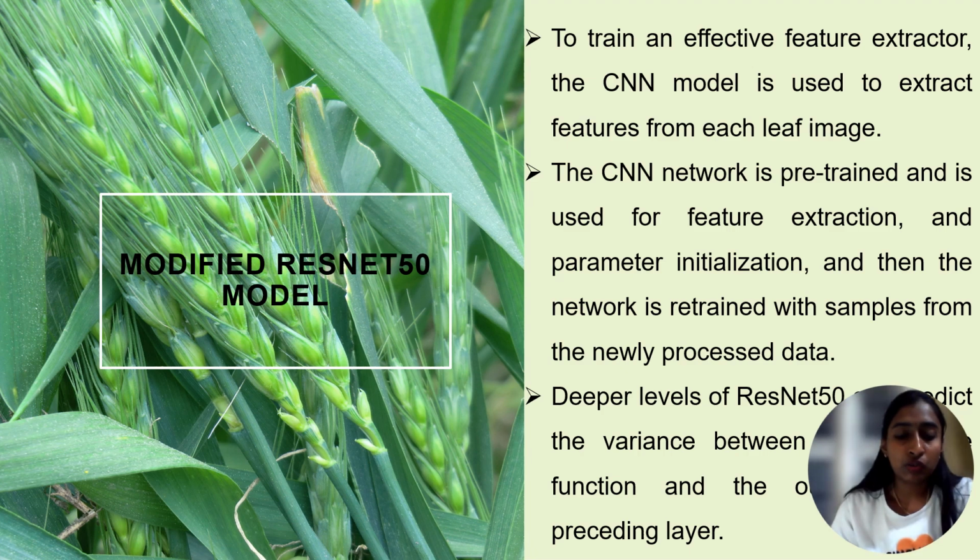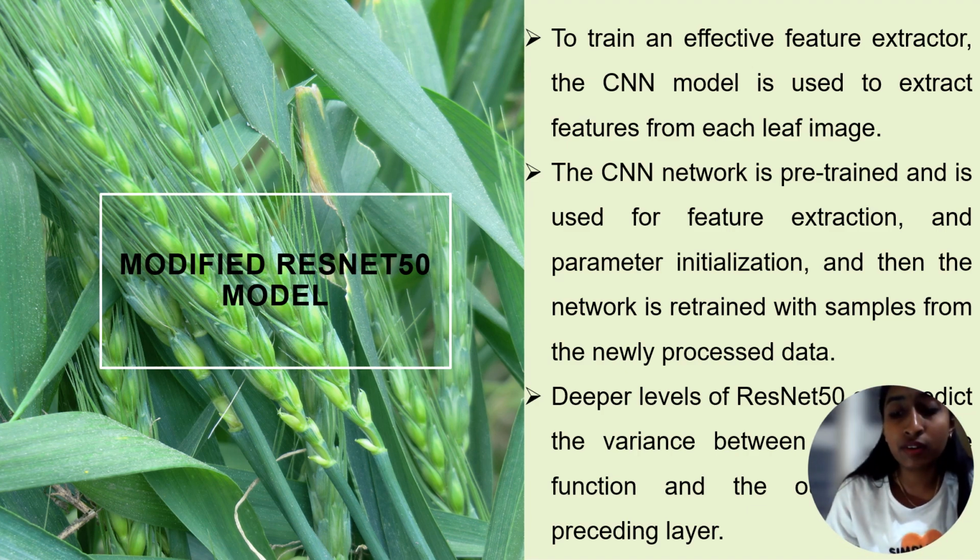So here we are using a modified ResNet model, to train the effective feature extractor. CNN is used to extract features from each leaf image. As we all know, we have to extract a feature, and based on that feature, the CNN model will classify the wheat leaf diseases.